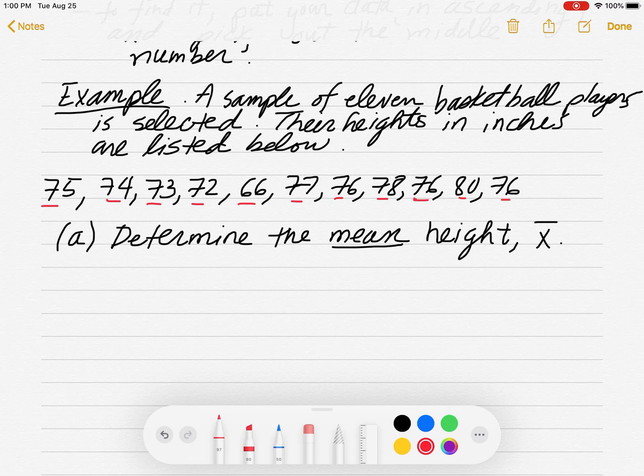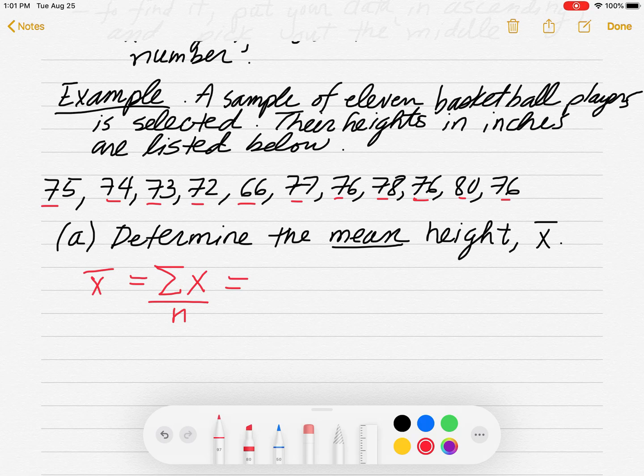Okay, so the mean is X bar, right? We're going to add up the X's and divide by N, the sample size. So we're going to add up all of these. You take 75 plus 74 plus 73 plus 72 plus 66 plus 77 plus 76 plus 78 plus 76 plus 80 plus 76. Get a calculator, do that.